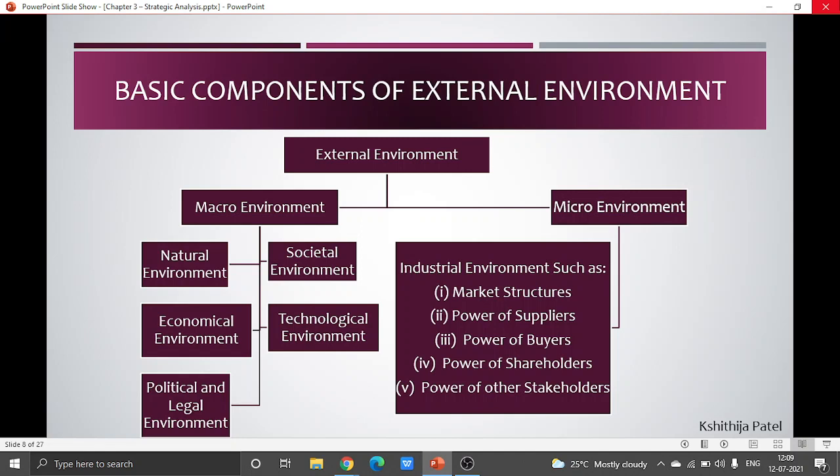So what is sustainability? Sustainability means meeting the needs of the present generation in such a manner, without compromising the ability of future generations to meet their needs.